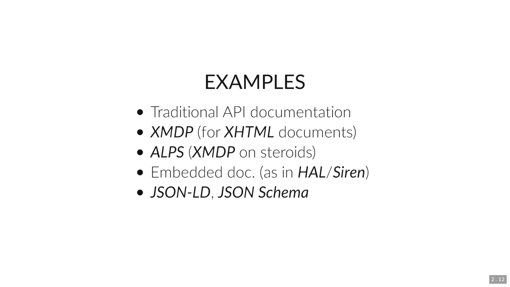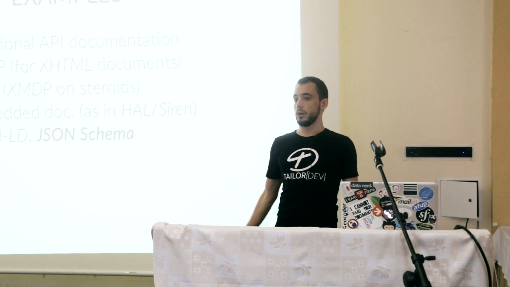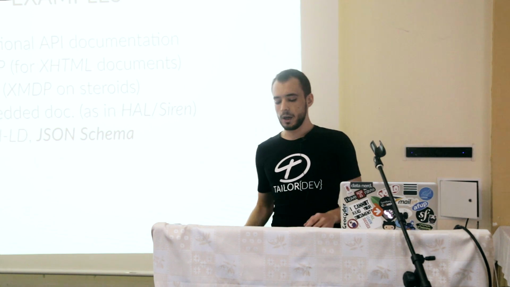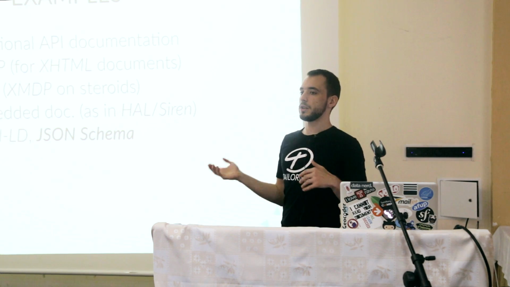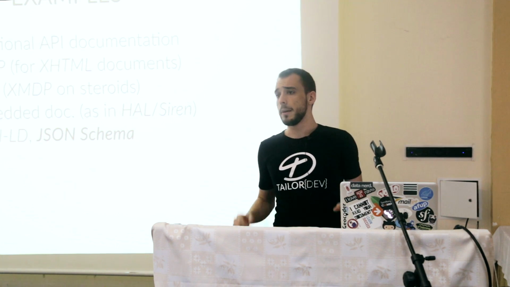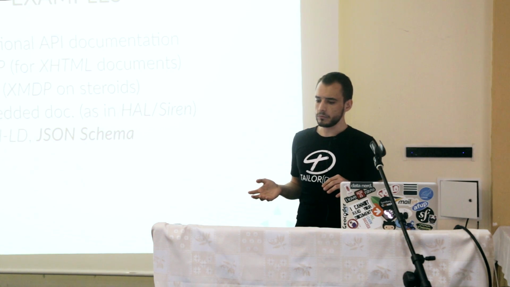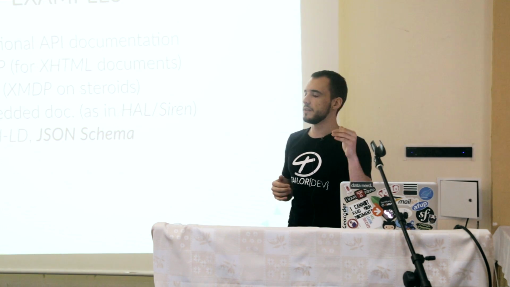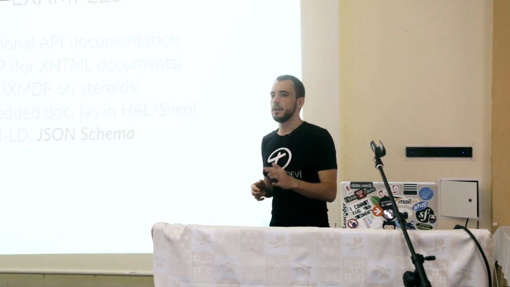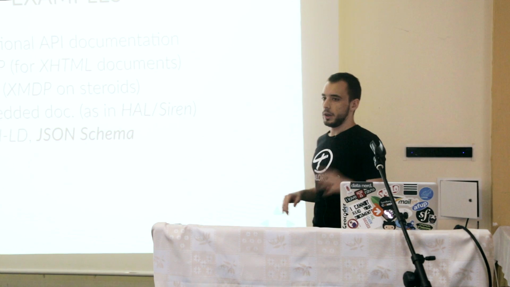Because traditional API documentation is a profile. Usually it explains how your API works, so that's the protocol semantics, like which endpoint to use, which HTTP verbs. But it also explains why you should send this attribute and this attribute in a POST request, for instance, or in a PUT request, or any other request.